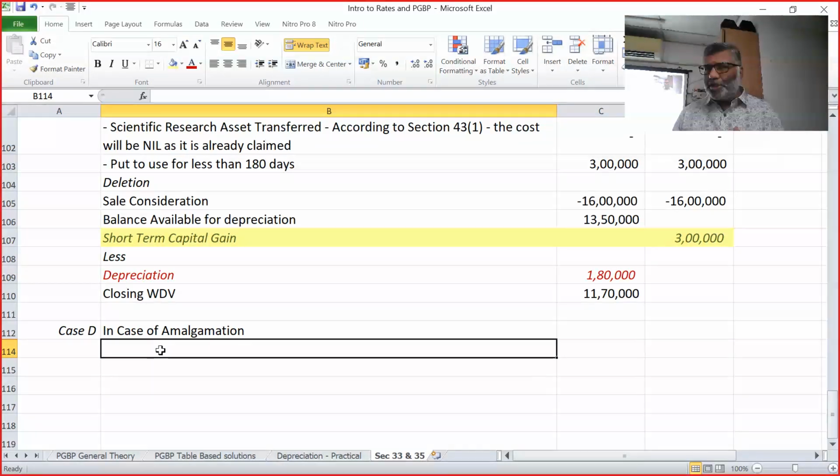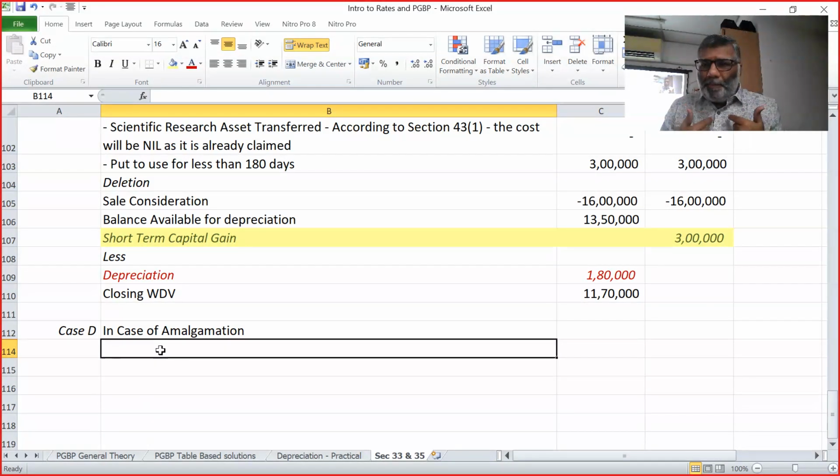Repeating, amalgamation, demerger, succession. The answer is the same. Provisions will apply to the transferee entity as it would have applied to the transferor entity had there not been a reconstruction.